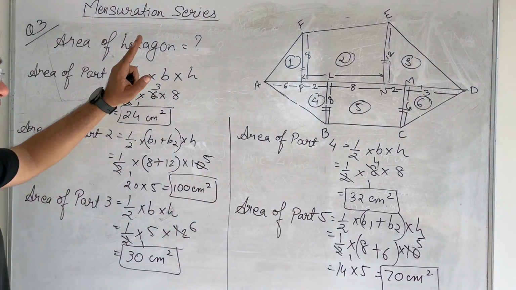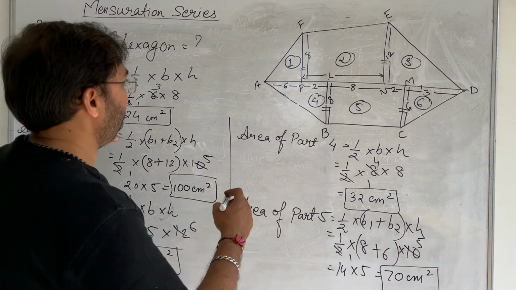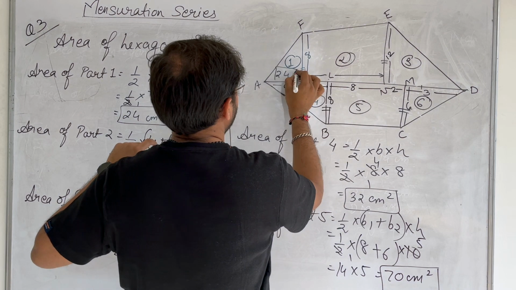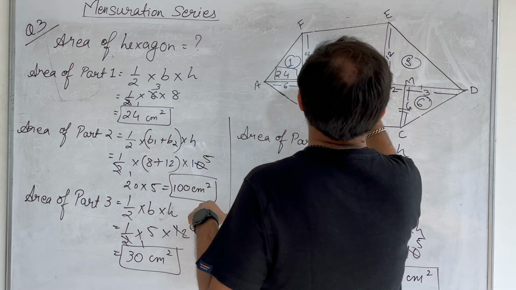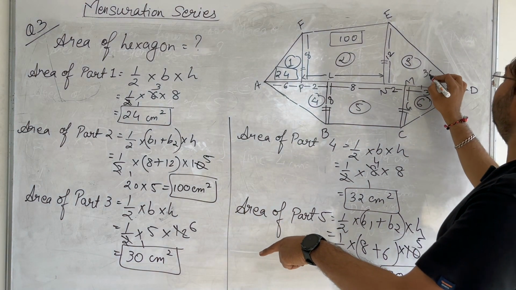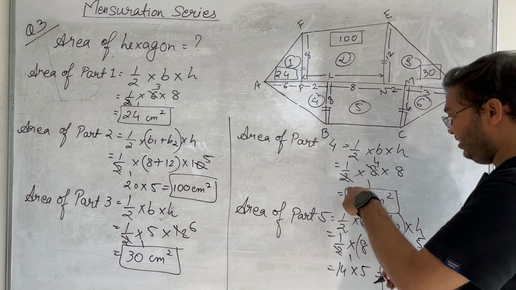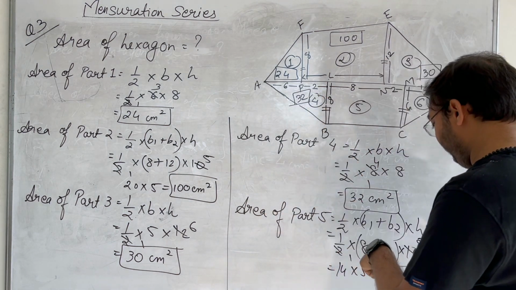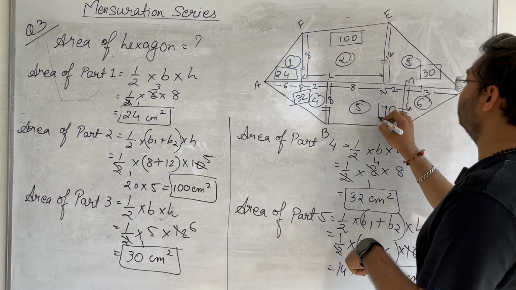So we find the areas of 5. Let us write it over here, that is 84 square, then 100 square, then 30 square, then 32 square, and the fifth one is 70 square.